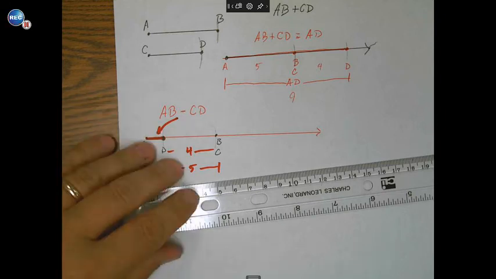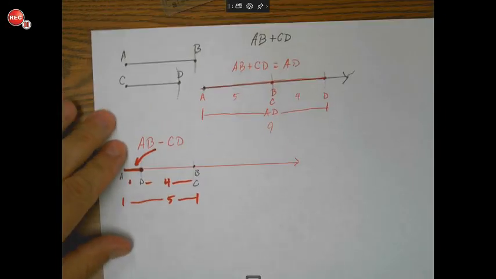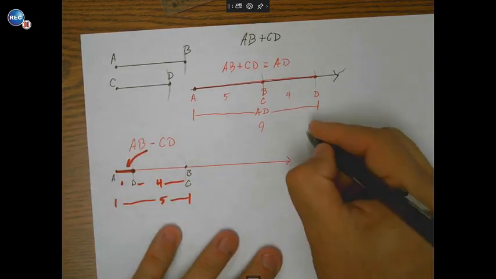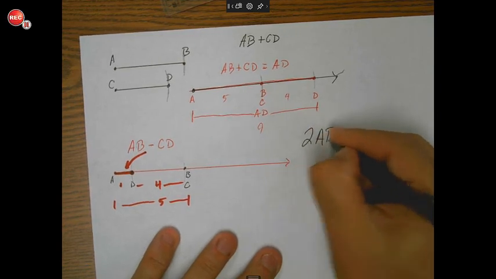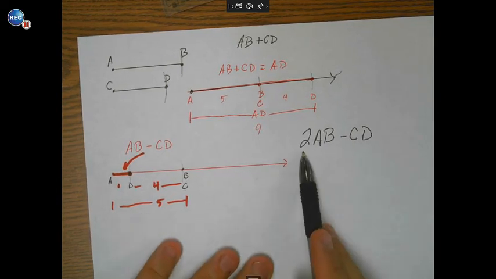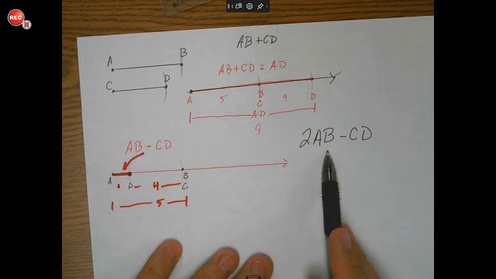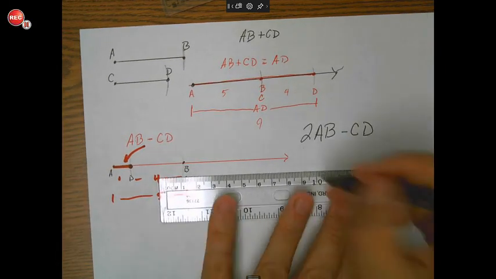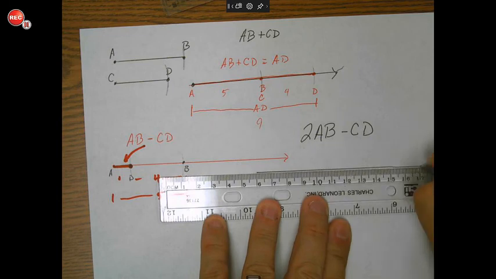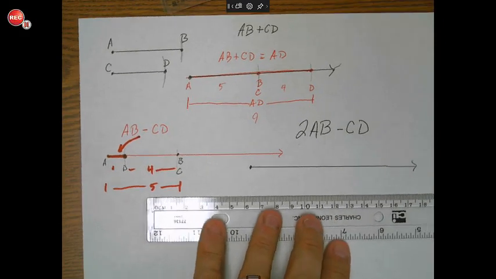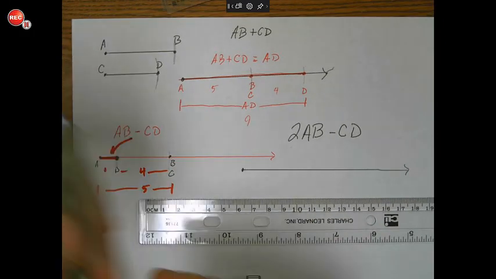All right, let me throw another challenge at you then. Use the same lengths for AB and CD, but this time do 2AB minus CD. What does the 2 out in front mean? There's 2 of them. Or you multiply it by 2, same thing. Go ahead and do it. Put down a ray. Copy AB twice.